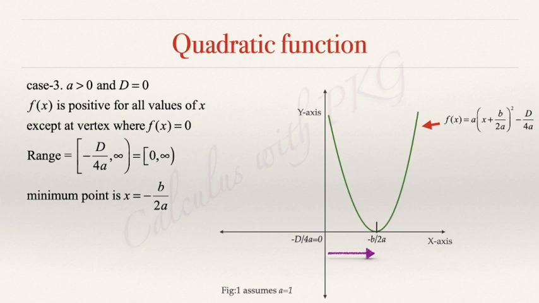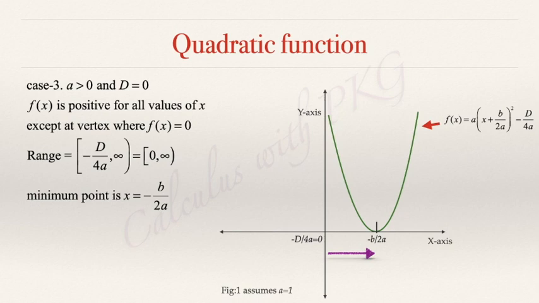So now the question is, why have I not shifted this graph vertically upward or vertically downward? Because there is no need for it. Here d is 0, so the point minus d by 4a becomes 0.